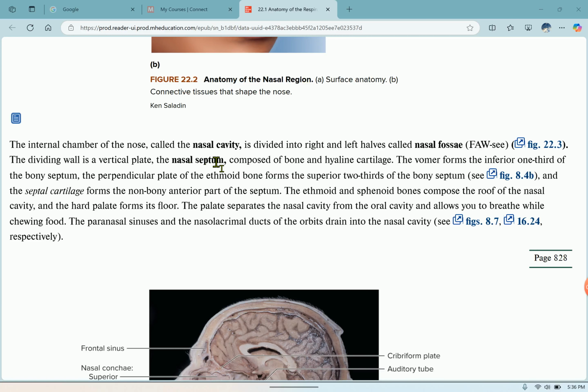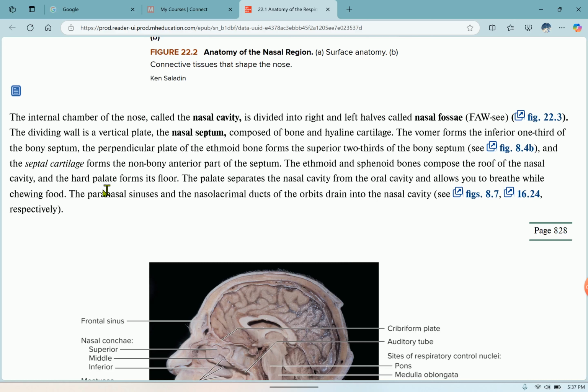The nose does have a septum. Septum means wall. So some people have a deviated septum, some people have a hole in their septum. The septum is an extension of the vomer bone, and the septum is made of cartilage.